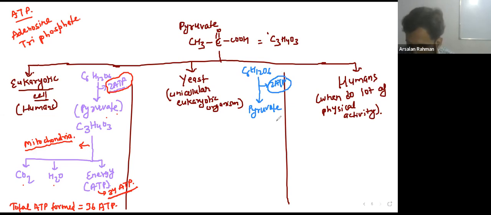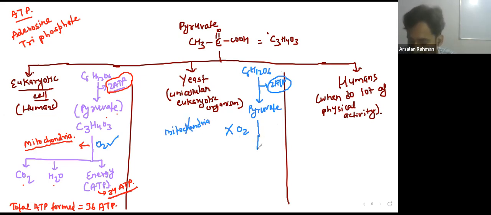Now what will happen to pyruvate? Here, do we require oxygen or not? Here we don't have oxygen. Here we don't have mitochondria. In yeast, there is no mitochondria, and suppose there is no oxygen.